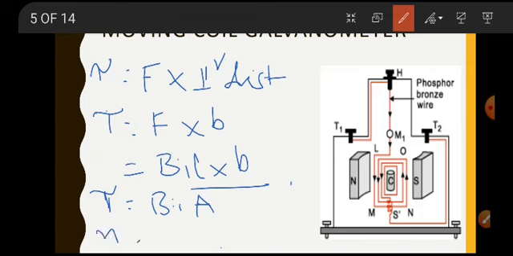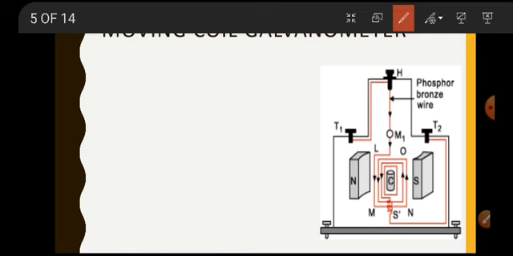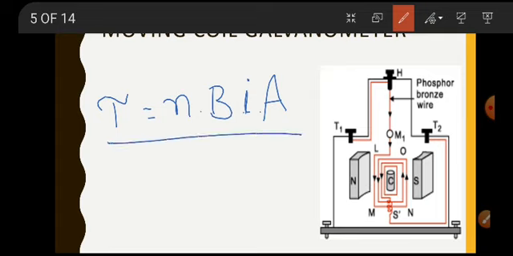If it has N number of turns, then tau can be written as BIAN. BIAN is the torque acting, or you can write it as tau equals number of turns into BIA. This is the torque acting on a rectangular coil which is wound with N turns.